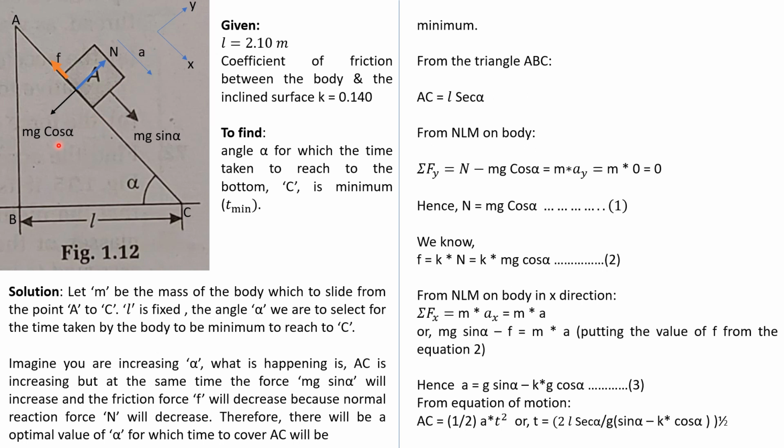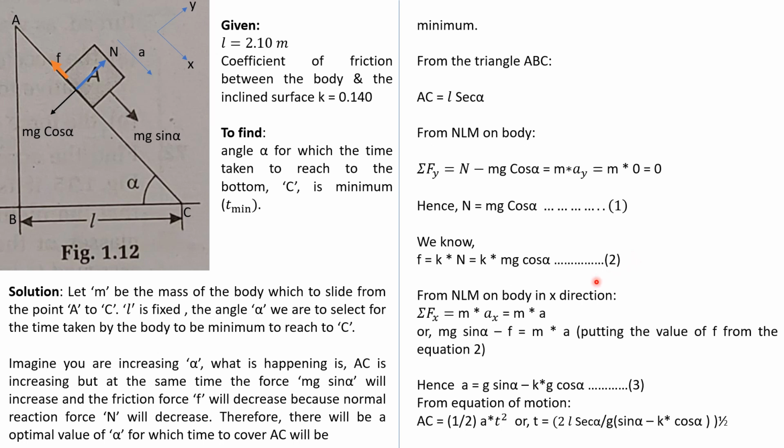In the y direction, only two forces are acting, N and mg cos alpha. So the sum of all the external forces in the y direction is N minus mg cos alpha, equal to m into ay, the acceleration in the y direction. But there is no motion in the y direction, so ay is 0. Therefore N is equal to mg cos alpha. This is your number one equation. Friction force is k into N, so k into mg cos alpha. So this equation also you got.